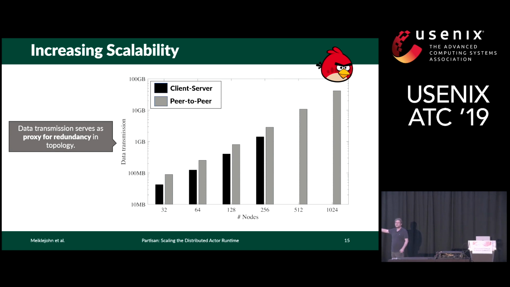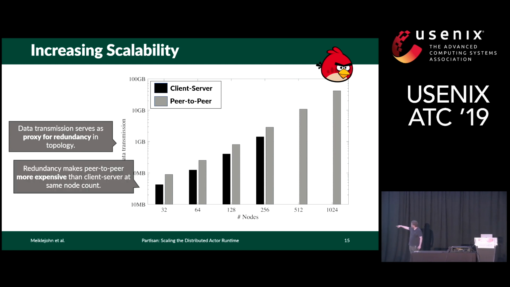In the client-server one, all the messages are sent to each destination once. They're routed through the server. So that's our lower bound, the minimal data we have to transfer. But with the peer-to-peer topology, because there are redundant links, nodes might get the same message down multiple links multiple times. And so what we observe is that at these lower cluster sizes, these less redundant overlays that are better for smaller clusters are more efficient on the wire.